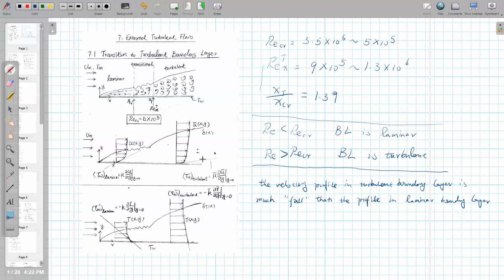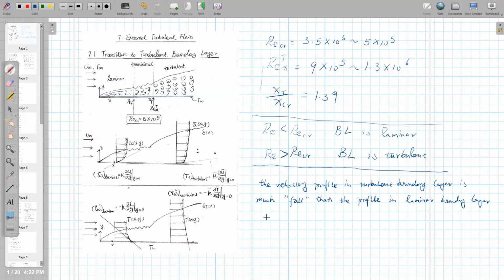Okay, so this slope is actually larger, because we are calculating du/dy, and it should be using this horizontal divided by this vertical space. So the slope of du/dy in the turbulent case will be larger than the slope for the laminar case. So what does this mean?